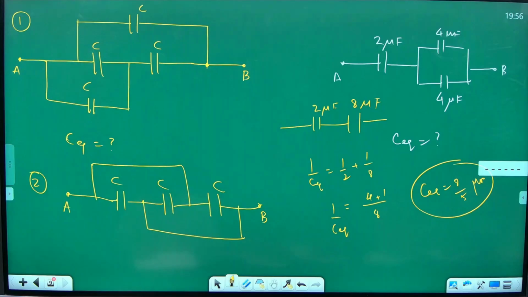Done, sir. What is the answer for the first question, Pratap? 2 by C plus 2C, sir. Tell me finally, 2 by C plus 2C is how much? Solve fully. And second question? 3 by C, sir. Okay, that is his answer. Anybody else? C by 3. Okay.